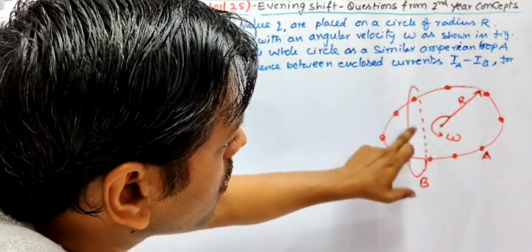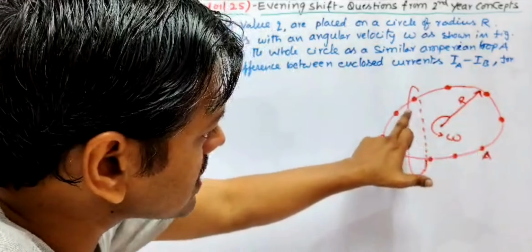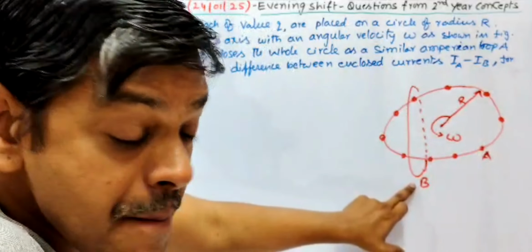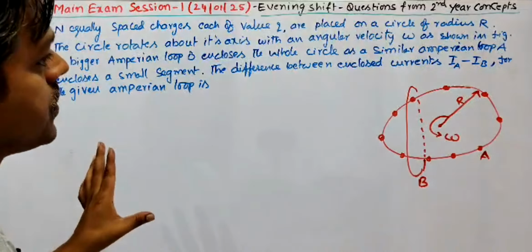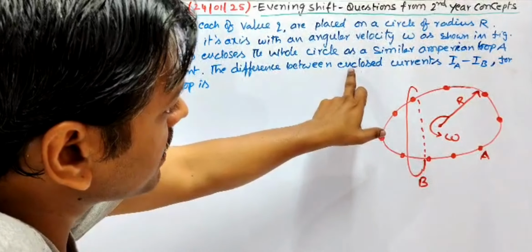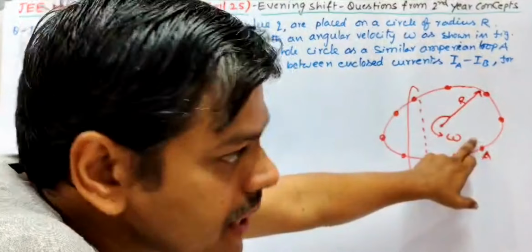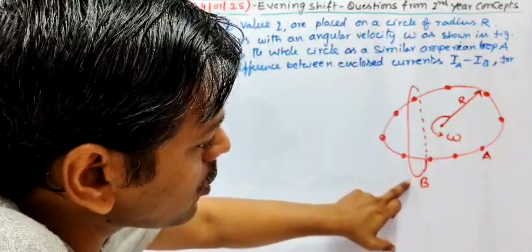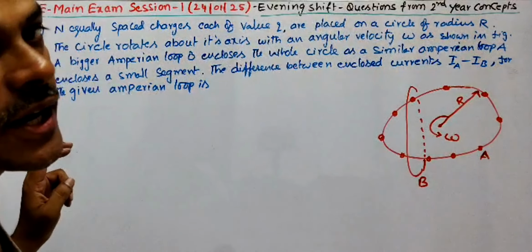That's it, this is given. The difference between the enclosed currents, I_A, current due to Amperian loop A, and current due to Amperian loop B. So what is the difference between these two currents?